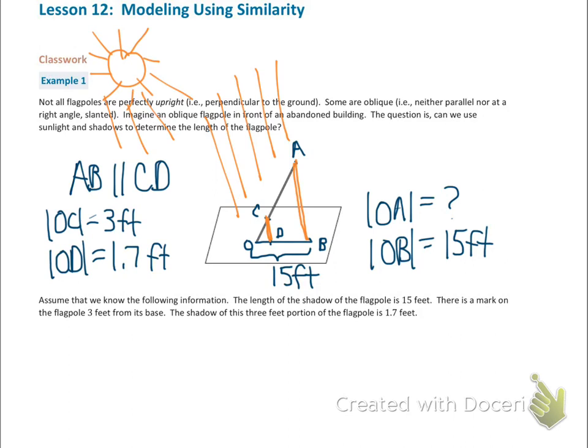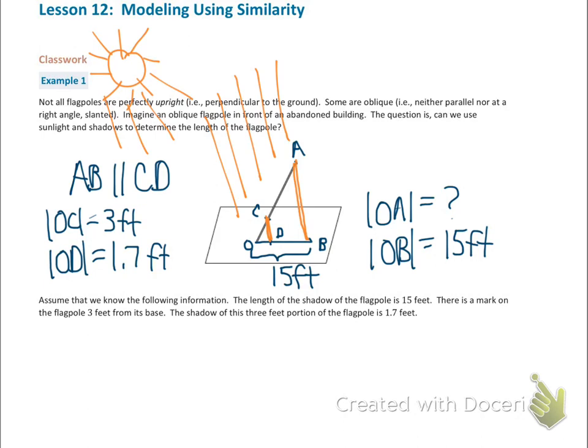Okay, so now that we know the various lengths on the sides of these triangles, let's think about the fact that because those lines are parallel, we know we have congruent angles in these triangles, and congruent angles in the triangles means that the triangles are similar.